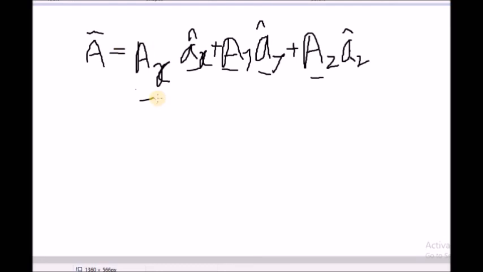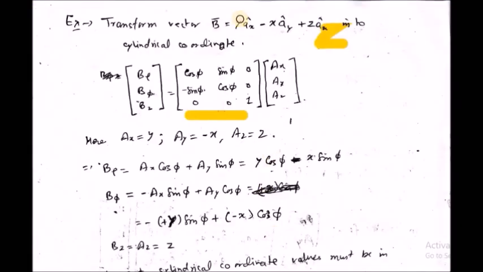So from this problem, the component Ax should be y, and Ay, the component with ay, is here minus x, and the component with the z axis, Az, is here z.